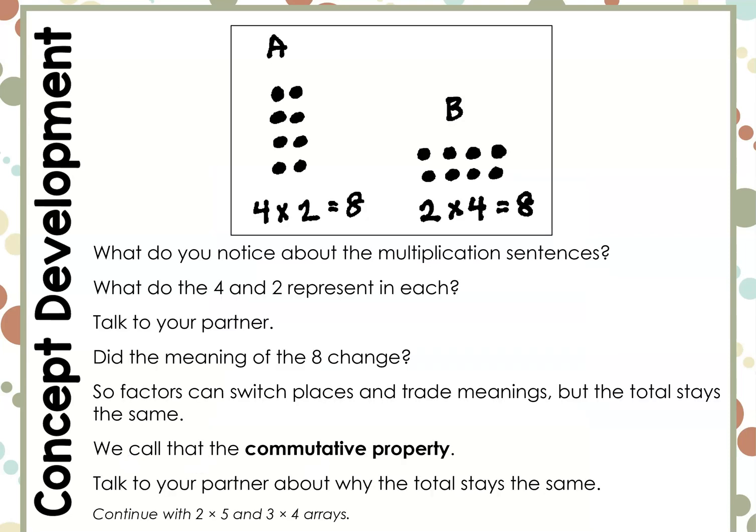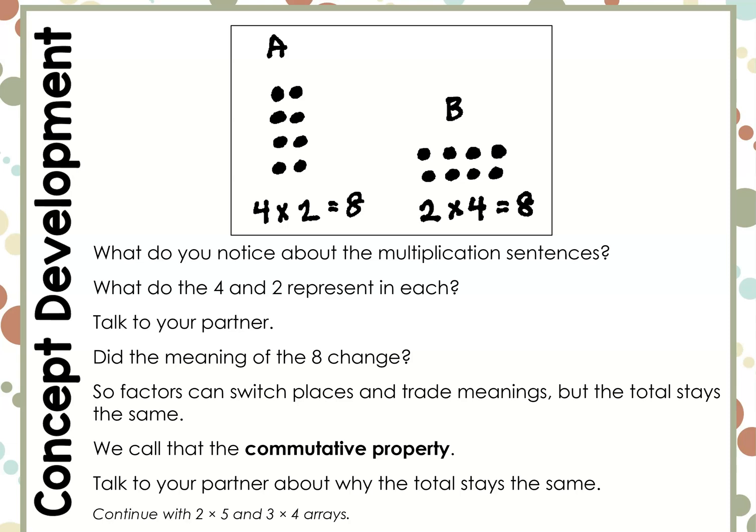So let's go ahead and think about that. For our first array, we had 4 groups of 2, which was equal to 8. But then if we look at this array, we ended up with 2 rows of 4. So what do you notice about the multiplication sentences for these arrays? What do the 4 and 2 represent in each of these arrays?